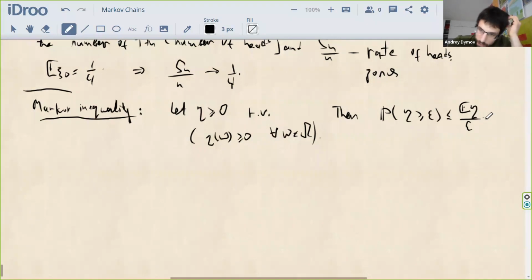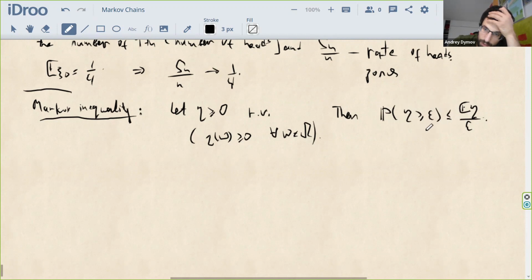Look, of course, when is this inequality useful? If the right-hand side is more than 1, so if epsilon is small, then it isn't useful because you anyway know that the probability is bounded by 1. But if epsilon is large, then it is useful because it estimates the probability of your random variable being very large.